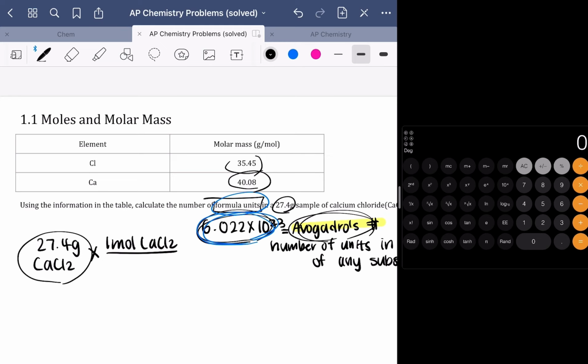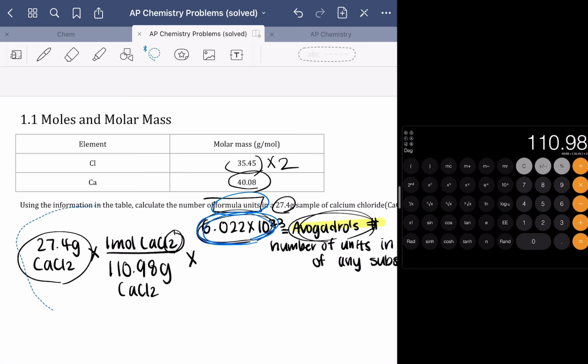Calcium is 40.08 plus, since we have 2 of chloride, we're going to multiply this number by 2. So it's 35.45 multiplied by 2, and it's going to equal 110.98 grams of calcium chloride.